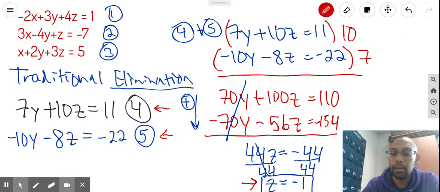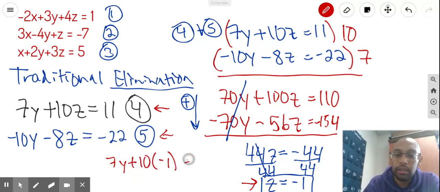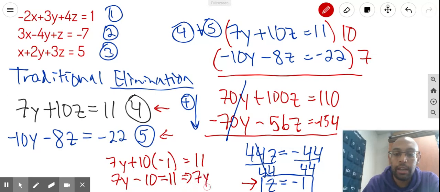I'm going to plug it into equation 4 to find y. So 7y plus 10 times z, which is -1, equals 11. That gives me 7y minus 10 equals 11. Adding 10 to both sides gives me 7y equals 21. And then dividing both sides by 7, y is 3.